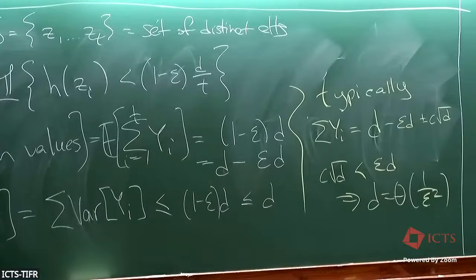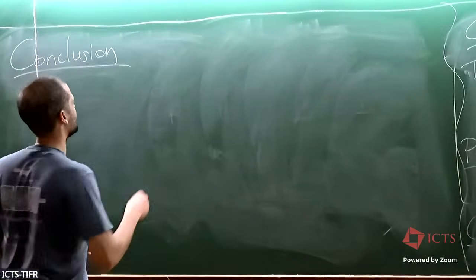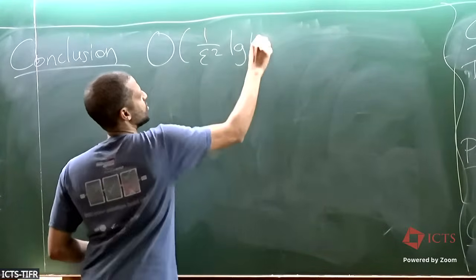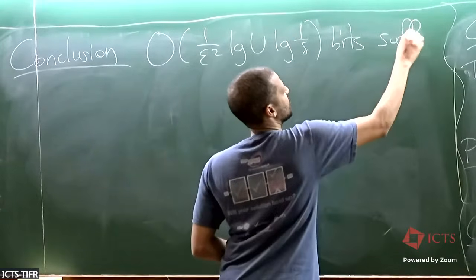In fact, maybe I'll write down what I showed you: an algorithm that gets you something. So the conclusion is that if you map out the precision and storing the hash function, basically O of 1 over epsilon squared log u log 1 over delta bits suffice.